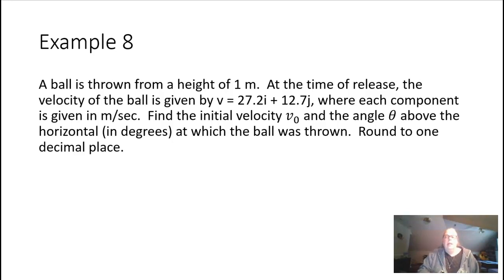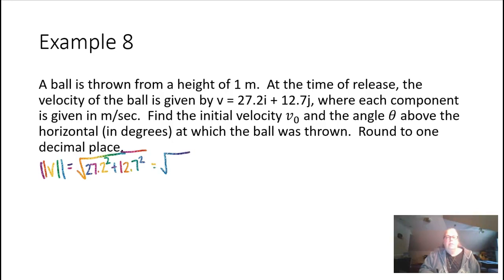All right, the initial velocity is also known as the magnitude. So let's see if we can figure out the magnitude of our vector. That's going to be the square root of 27.2 squared plus 12.7 squared.